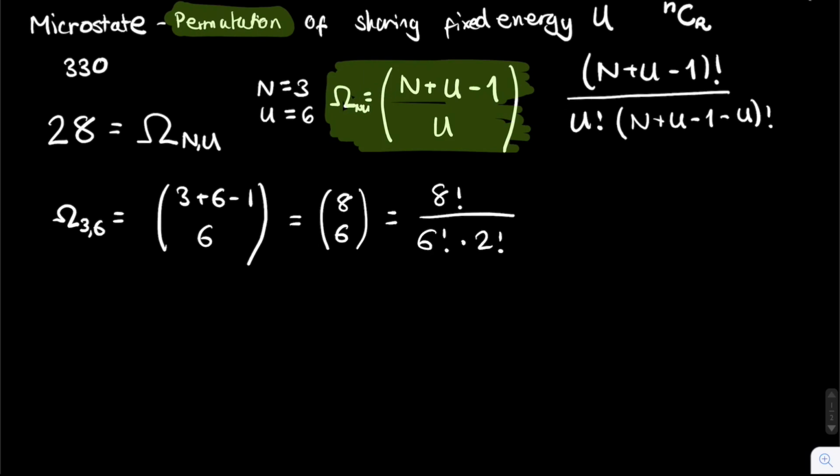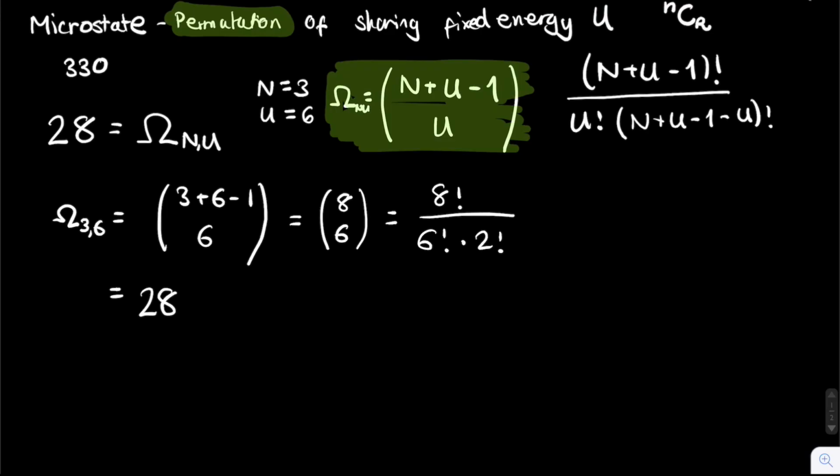And you guys know what factorial means, right? It's 8 times 7 times 6 times 5 times 4 times 3 times 2 times 1, etc. And if you do that, you end up with 28 being the number of microstates. And so that's quite a handy formula to work out the total number of microstates in this system right here.